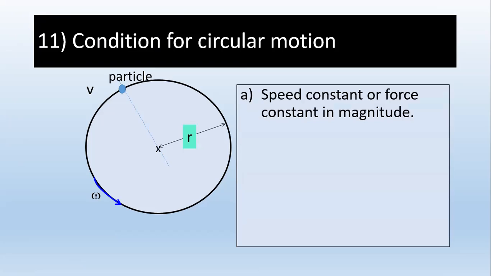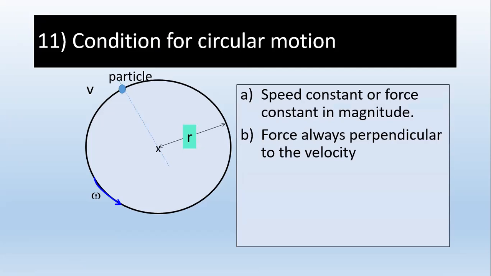Speed is constant. The force is constant in magnitude. That's important. Force is always perpendicular to velocity. Speed is constant, force is constant in magnitude, not direction. And force is always perpendicular to velocity.